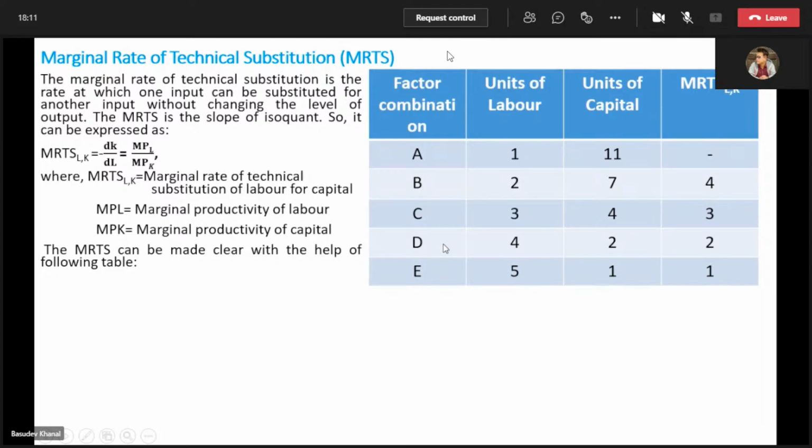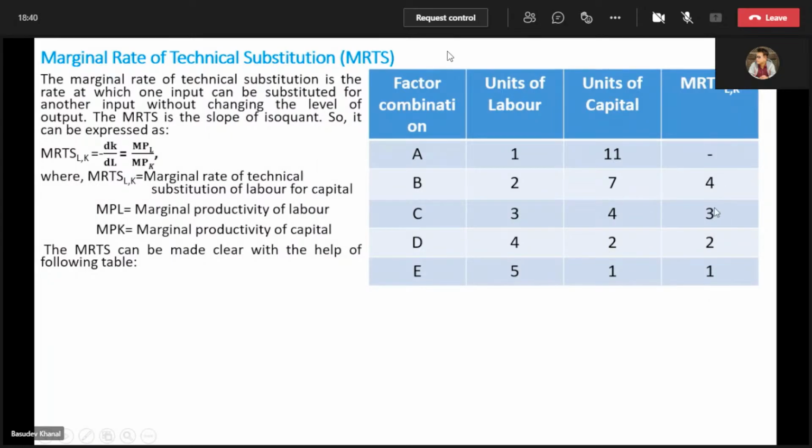Similarly, if the producer moves from combination B to C, C to D, and D to E, units of labor are increasing continuously by 1 unit, but units of capital are decreasing by 3, 2, and 1 unit respectively. That means 7 minus 4 is 3, 4 minus 2 is 2, 2 minus 1 is 1.